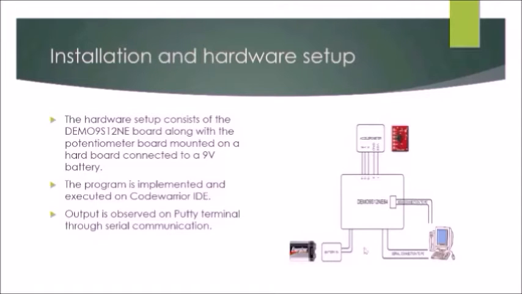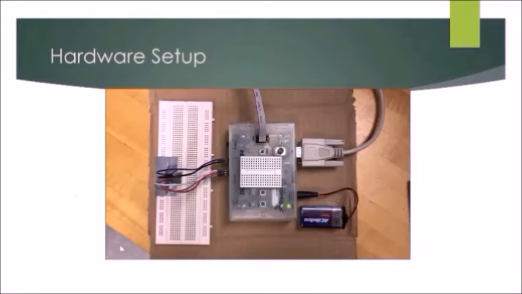This gives output on the computer terminal. For this we use a software called PuTTY, in which we can see the output. The BDM connector is used to dump a program into the microcontroller, and this is all for the hardware setup. In the next slide we will see the video which demonstrates the hardware setup.